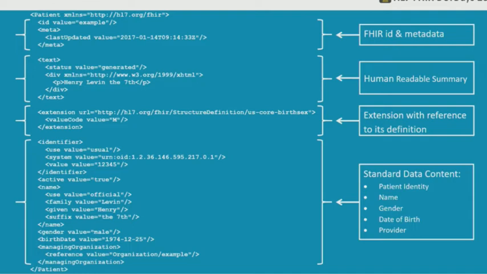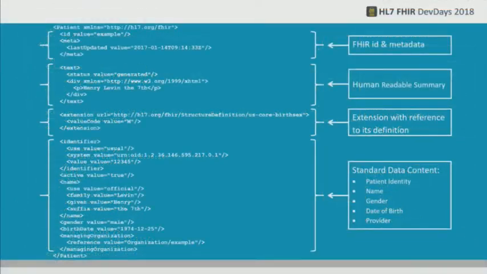After that, you get into what is termed the common data for that particular resource. So for a patient, there is the actual patient identifier. So indicated by identifier with a system, a value, and so forth. After that, we have other pieces like name, address, and so forth. This is not a complete example of all the data elements of a patient, but just to kind of give you a general idea of what the structure looks like.